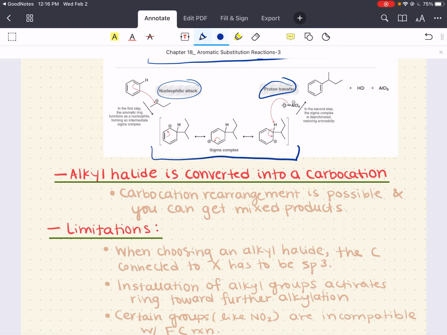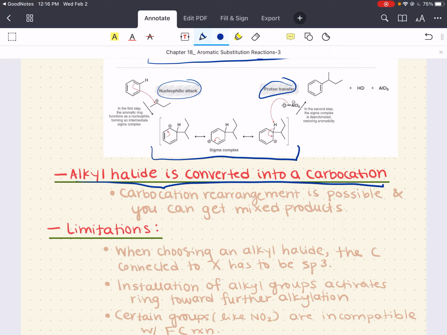Now, some things to keep in mind here. Our alkyl halide is converted into a carbocation, which means that carbocation rearrangement is possible. Sometimes carbocation rearrangement can occur here.